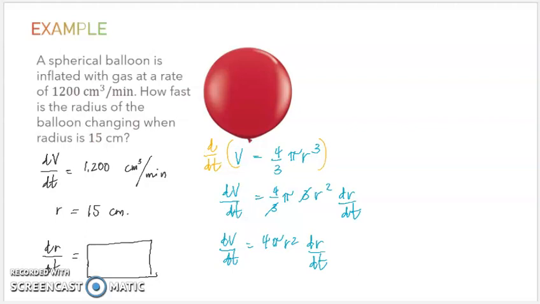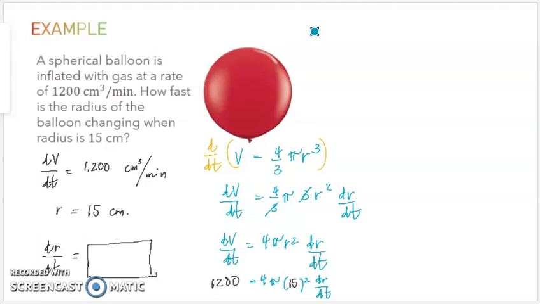Let's plug in the data that we have. We have dV/dt given as 1,200, equals 4 pi, and we have a given r which is 15, so that's 15 squared, dr/dt.